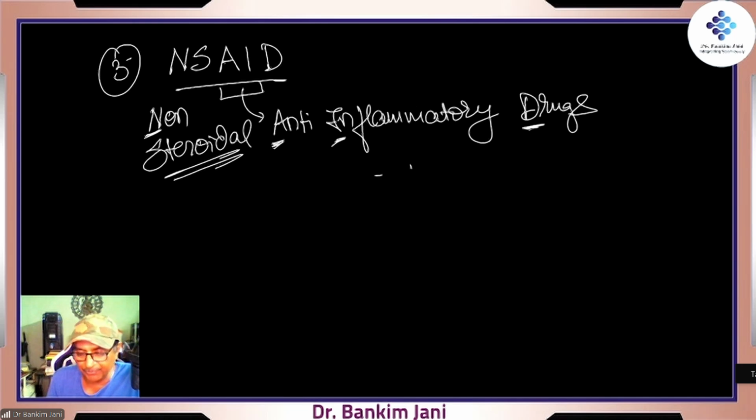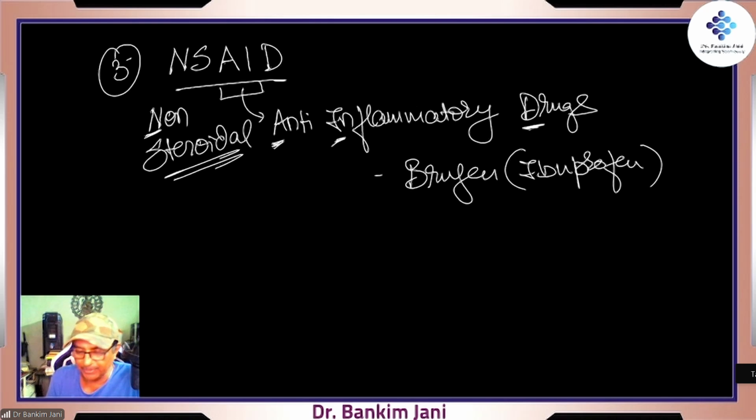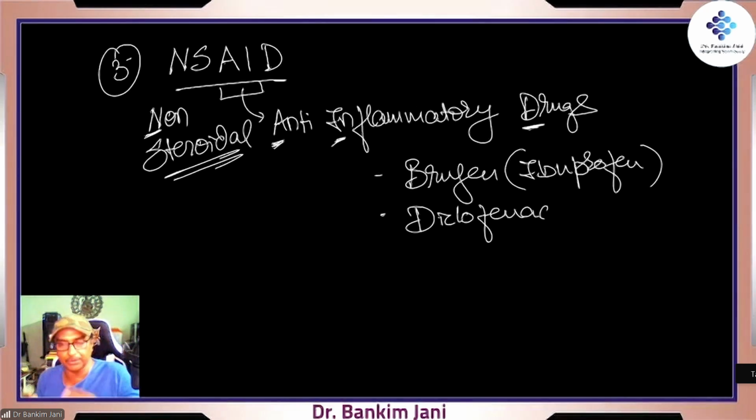But these are some very common ones. I'll tell you the names. For example, you must have heard Brufen, or ibuprofen, which is the content; Brufen is basically the brand name. So ibuprofen, so common. Diclofenac comes in two salts: diclofenac sodium and diclofenac potassium.